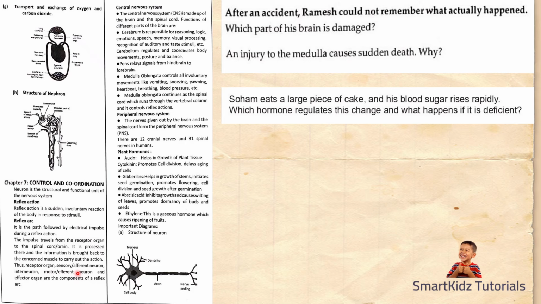Message to the brain, then relay neuron, and then the effector muscle in the arm that carries out the response based on that. What is a neuron? Very important. You should know how to draw the structure of a neuron; it can come for 2 marks. So remember this, and learn the function of axon, dendrite, and nerve ending.